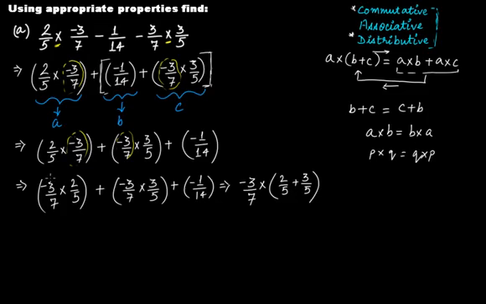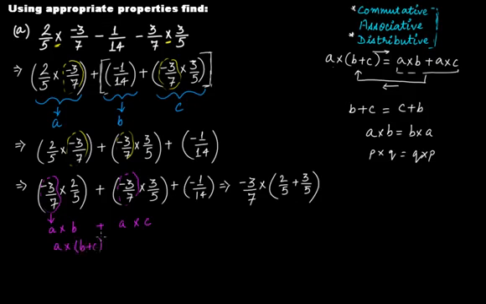Here we have minus 3 over 7, and this is minus 3 over 7. So you can think of this as a times b plus a times c, right? If you go the backward path, you will get what? A times b plus c.